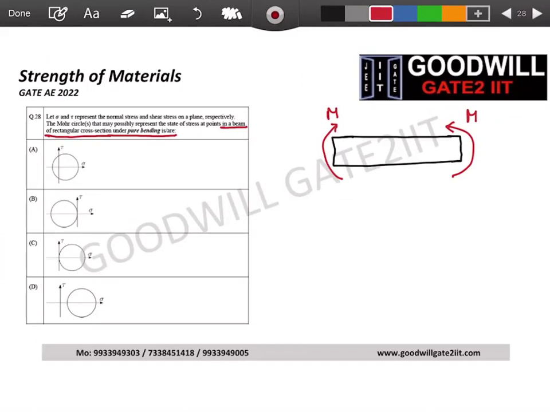So you take a small element here. That's what they say, right? State of stress at a point. And I told this in my lectures also. If you zoom this, it looks like this. This is known as the state of stress.